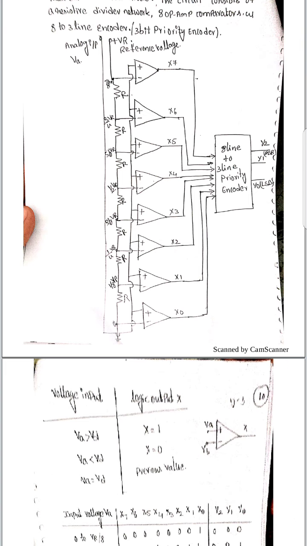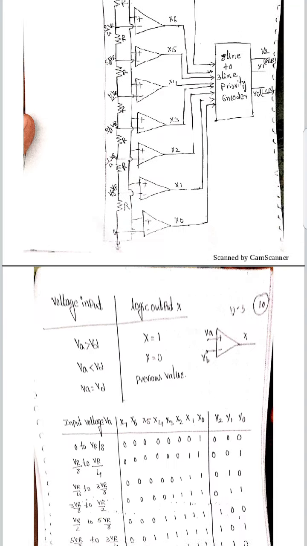Here we have 8 op amps and 7 resistors. The analog input VA is connected to the non-inverting terminal, and the VR reference voltage is connected to the inverting terminal. All the op amp outputs are connected to the 8 to 3 priority encoder. Then we get the outputs Y0, Y1 and Y2.